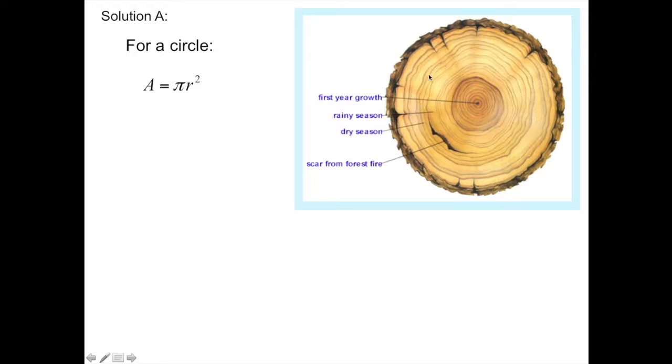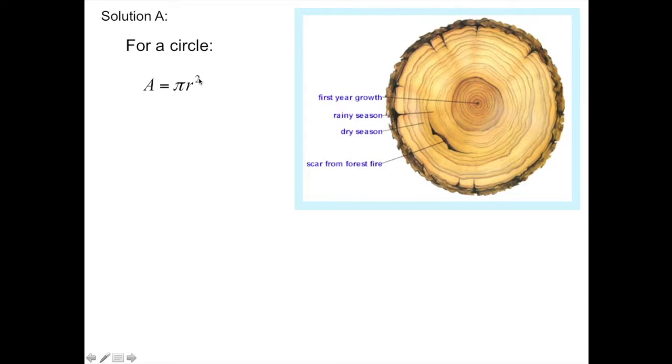The area of a tree, which is a circle, is pi r squared. We want the derivative of the area with respect to the variable r. We're used to taking derivatives with respect to x, but this is no different, just a different variable r. Pi is a number, so we can think of pi as like a 3.